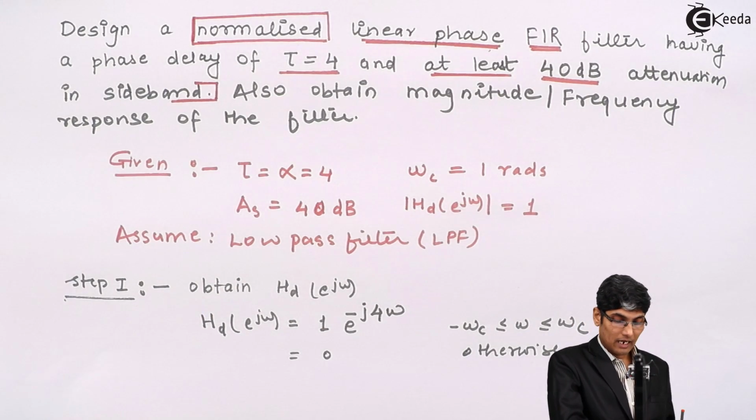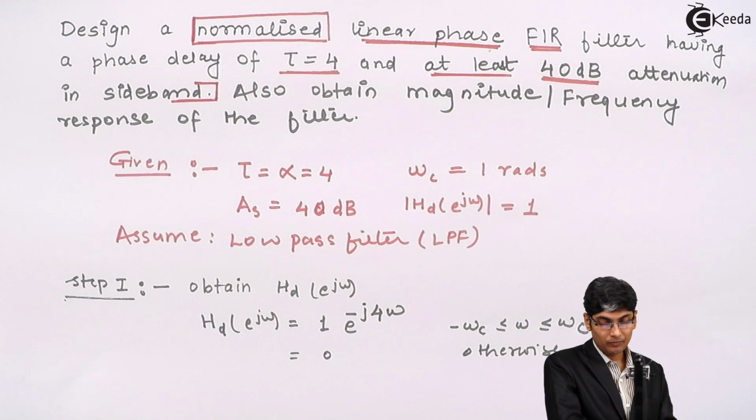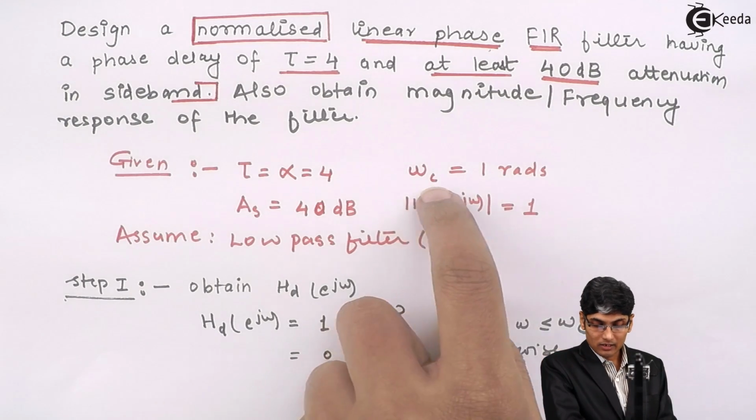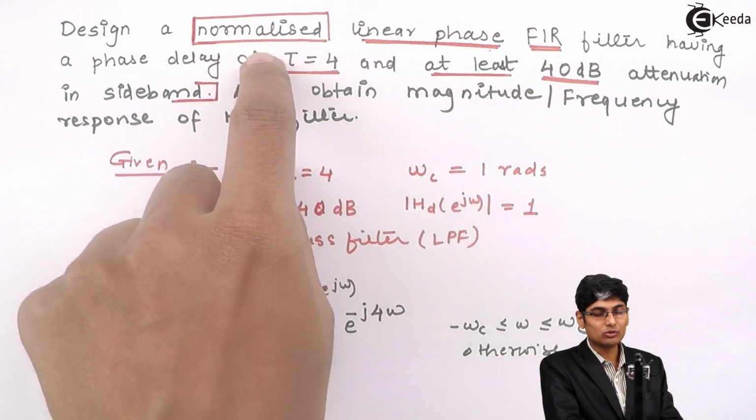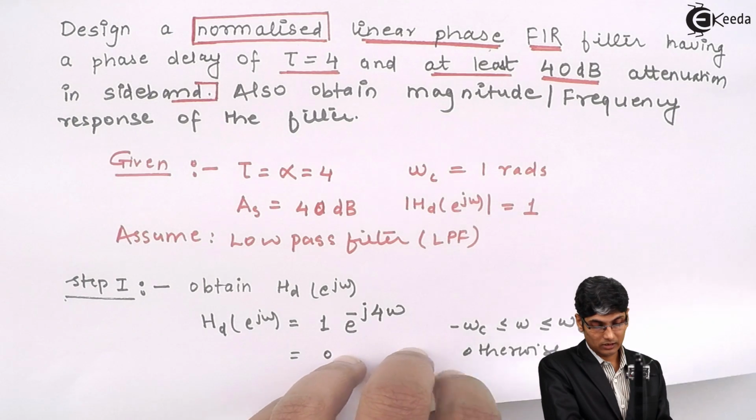That means the amplitude height should be equal to 1 and the cutoff frequency should be 1 radian. That is what it means to use a normalized filter.